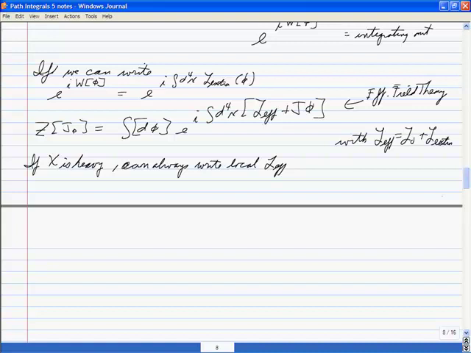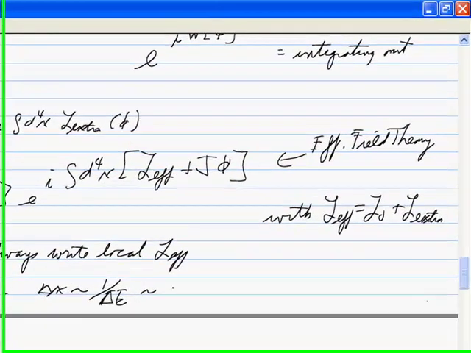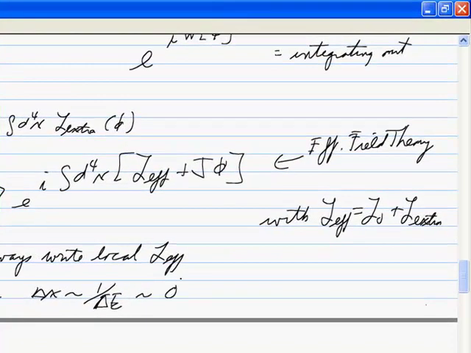And the physics behind that is the uncertainty principle. So that delta x goes like 1 over delta E, which is very small if we have a heavy enough field.